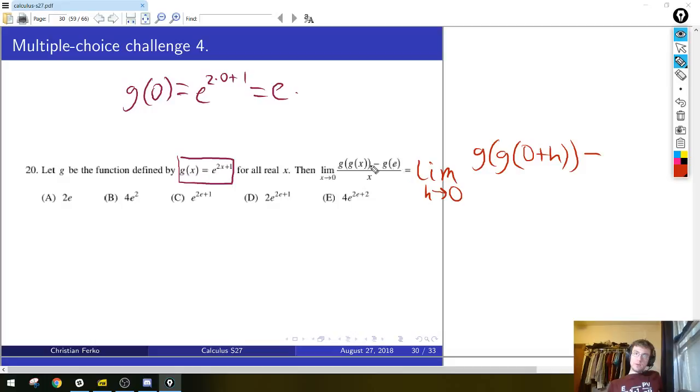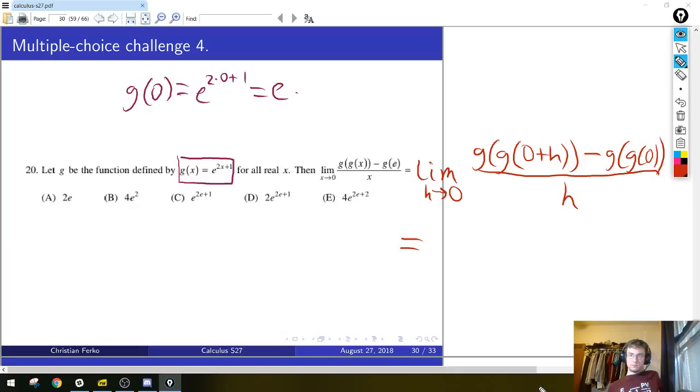Then, as I've told you, e is g of 0, so I'm just going to rewrite e as g of 0. And then this is all over what was called x, which is now called h. So maybe that will jog your memory. Can you see what derivative this is?